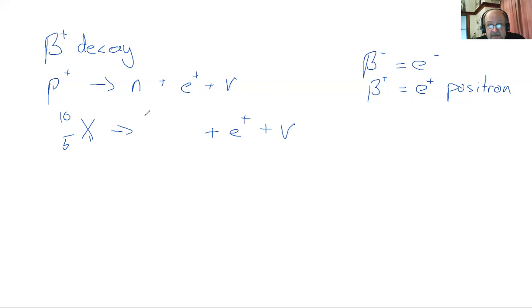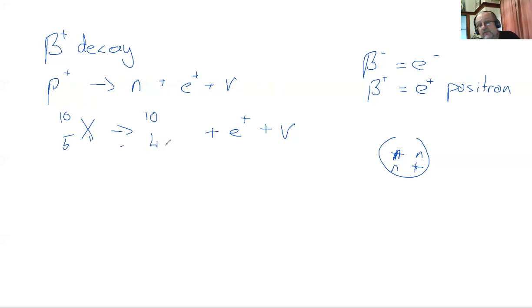But the number of nucleons doesn't change. What's going to happen is a proton is going to turn into a neutron. So if we look at my nucleus, this turns into a neutron. That means we have one more neutron, that's fine, but one less proton. So the number of protons decreases.